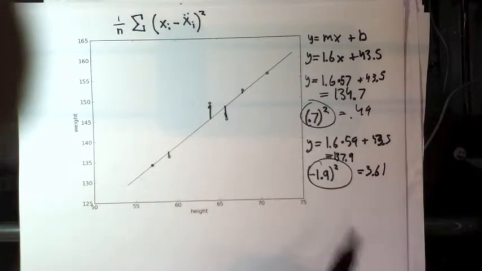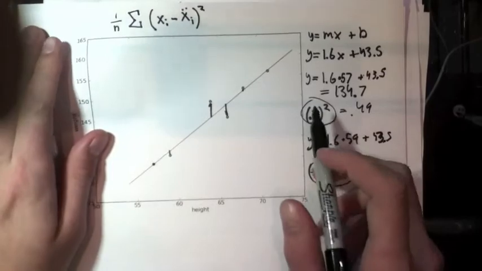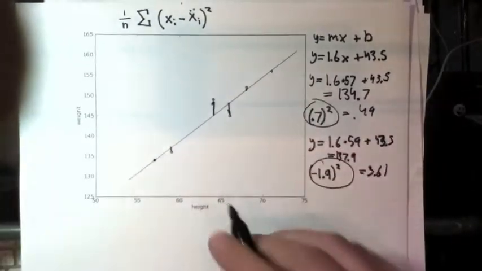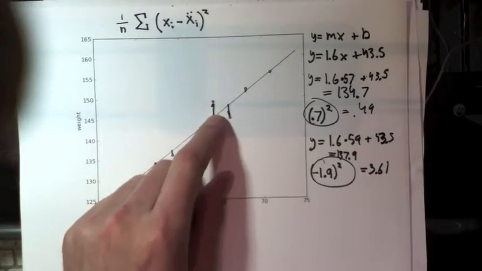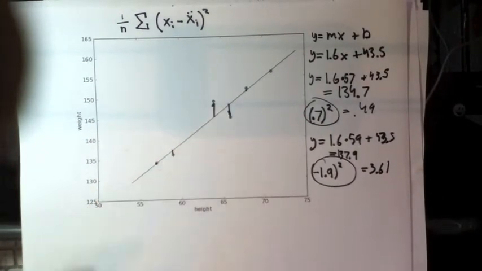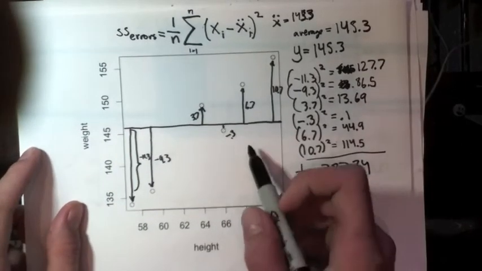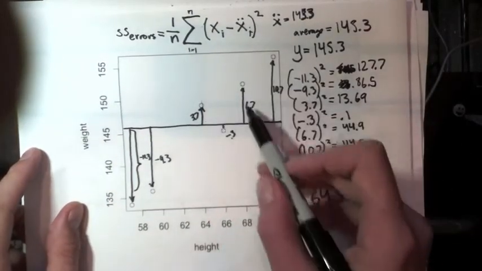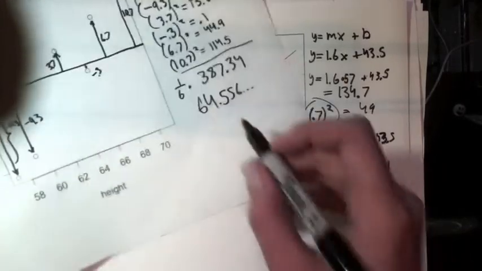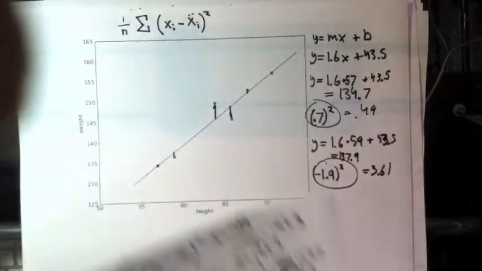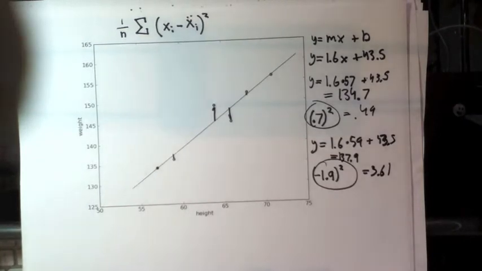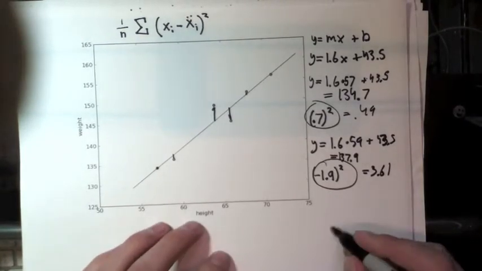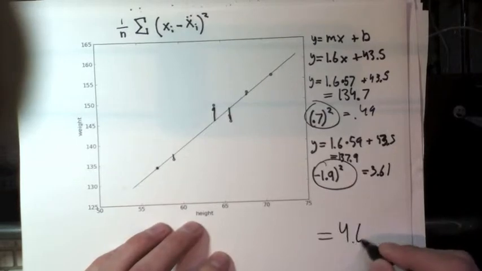What I really wanted to show you visually here is, compare when we're doing regression with a line, our error bars are so short, whereas when we're doing it with this, you've got way longer errors, and so they all get squared. We get a much higher number. We get 64.5 here. If I continued on this one and did all the math for the other four individuals, what we would actually get, final answer, is 4.6.